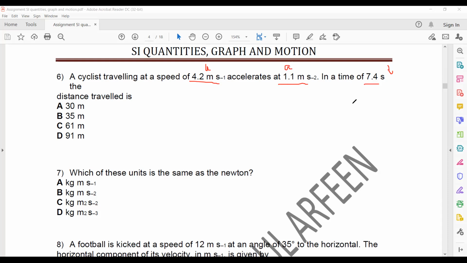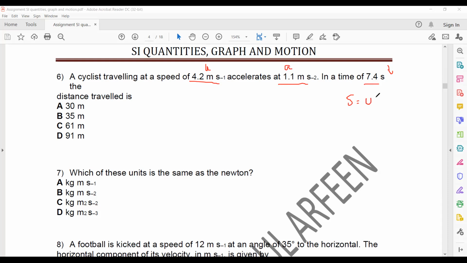We will use equations of motion, but which equation we use depends on the quantities which are given. So the best thing is to write all the equations, and the equation which has only one unknown, the desired unknown, that you will use.